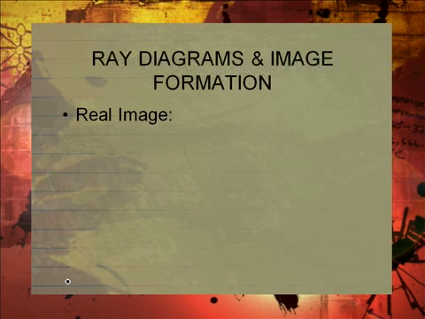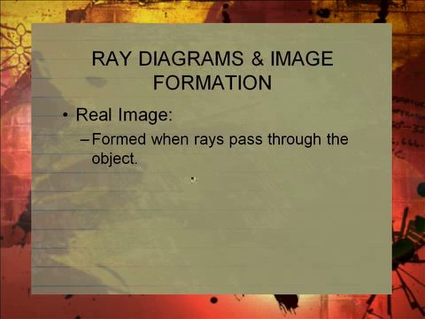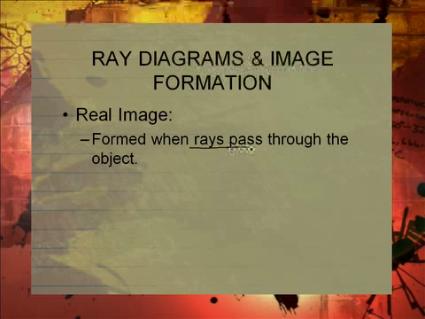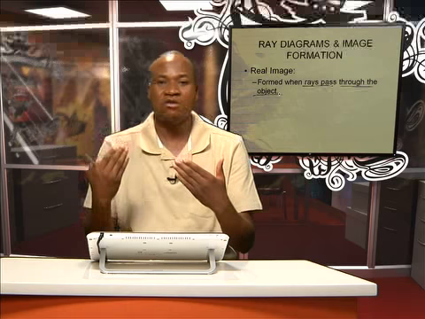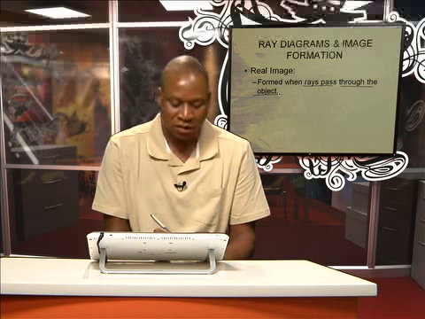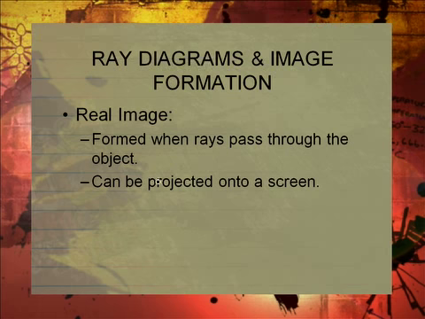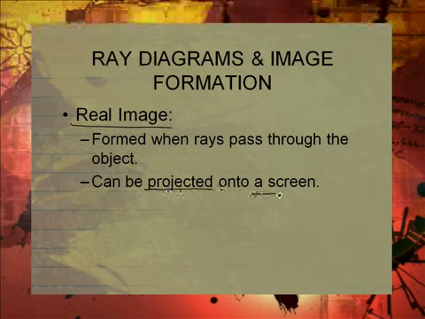Next, let's have a look at the real image. What do we mean when we say this image is real? What are the characteristics that would tell us that this is a real image? 1, this one is formed when rays pass through the object. So the rays have to get into the object and pass in some way. We're going to show that as we draw the diagram. And this type of image can be projected on a screen.